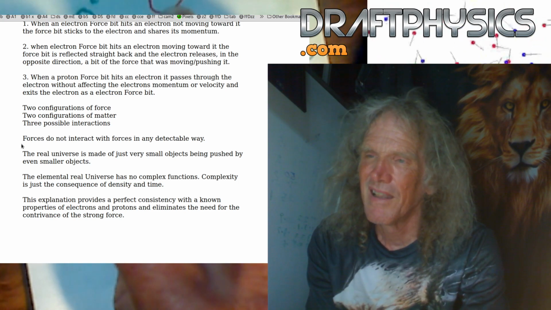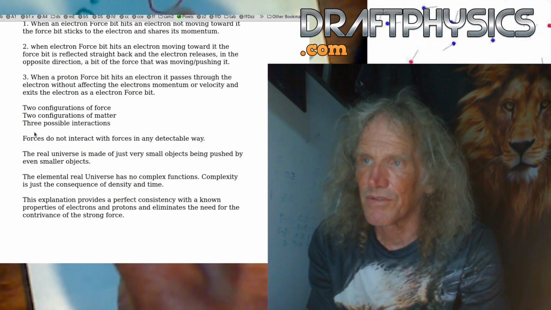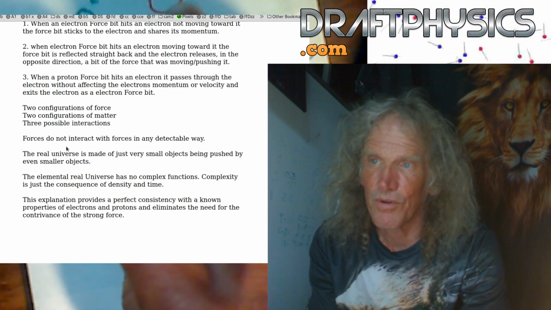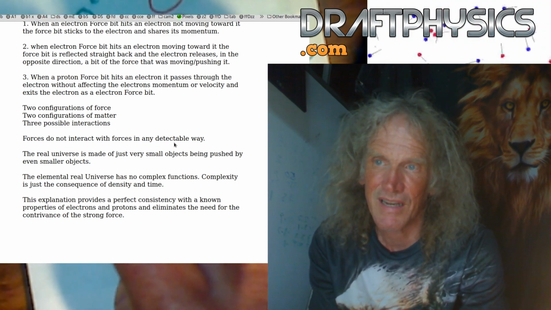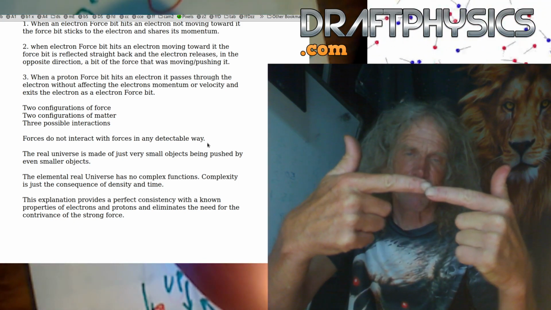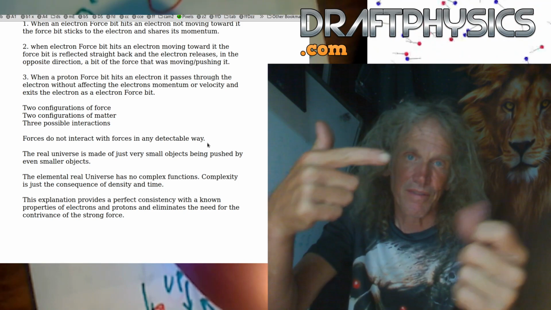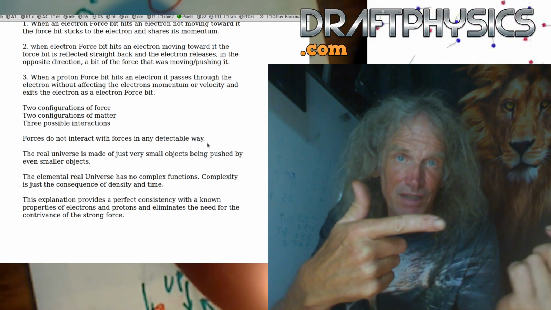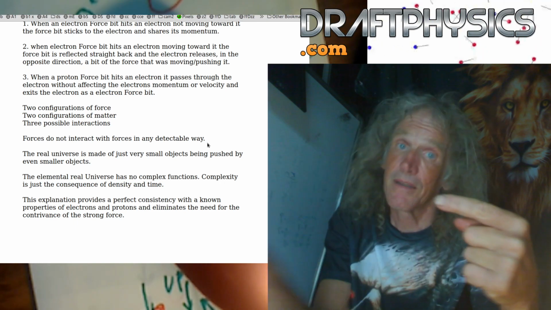Underlying this are some throwaway lines where I'll get to these other subjects. Forces do not interact with forces in any detectable way. A force bit hits a force bit, and this one continues going this way because of the reflection, and this one continues that way.